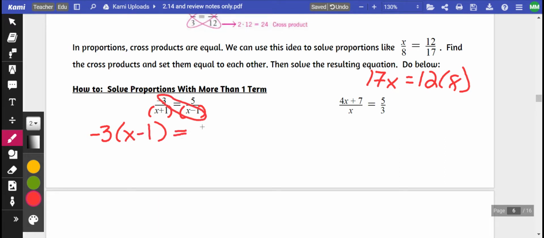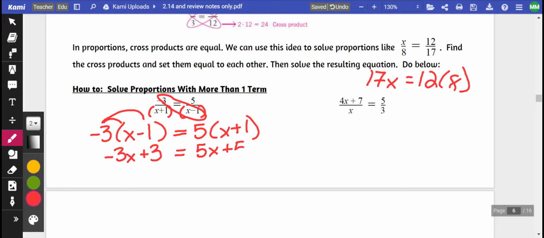And then your other side is going to be 5 times the quantity x plus 1. So let's go ahead and solve both sides. For the left, we get -3x plus 3. For the right, we get 5x plus 5. So make sure that you're distributing correctly.